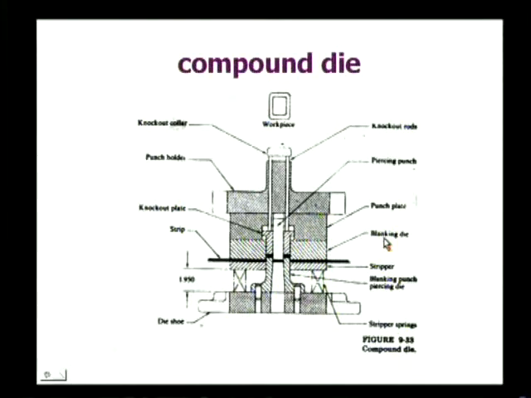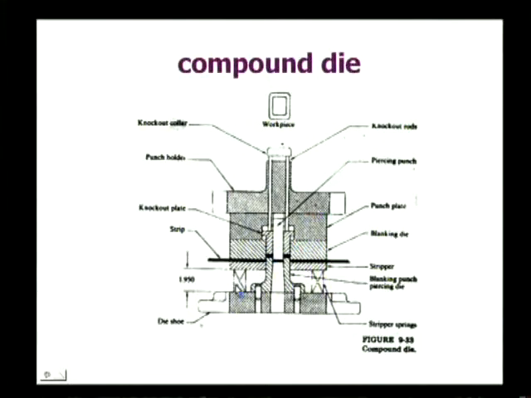So this is a blanking punch and blanking die, and this is a punching punch and a punching die. As a result, a component like this, or a washer, may be manufactured or pressed out in a single stroke of the ram. So that is the advantage of the compound die.